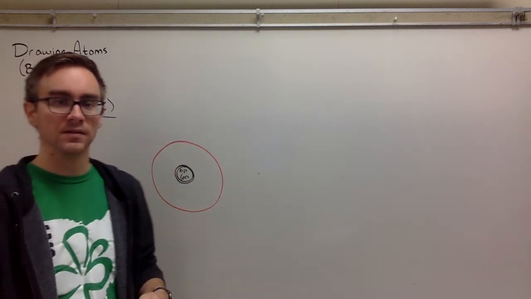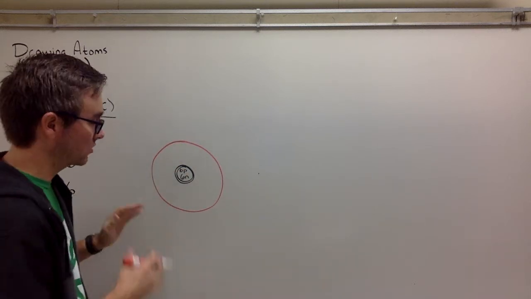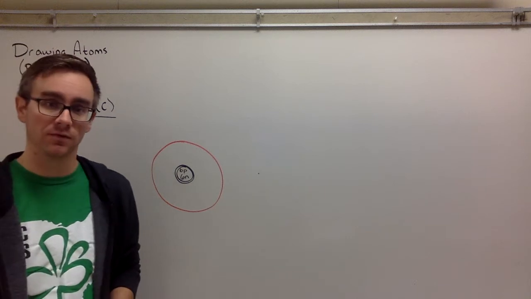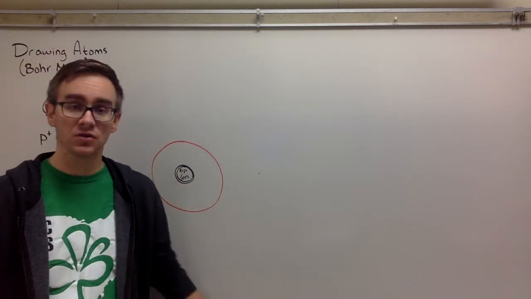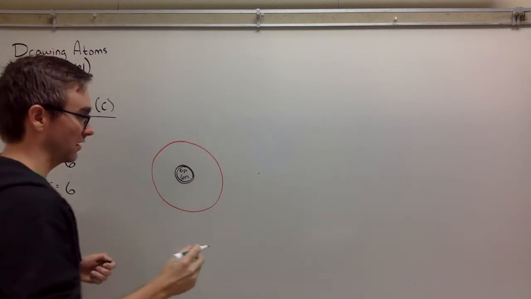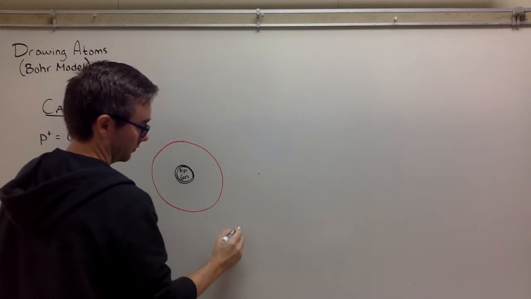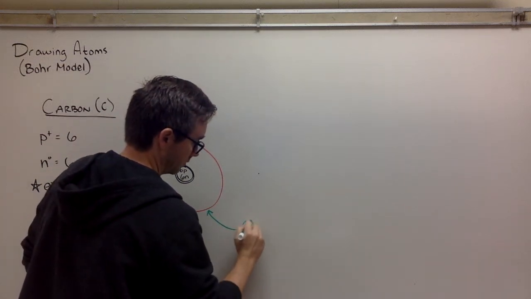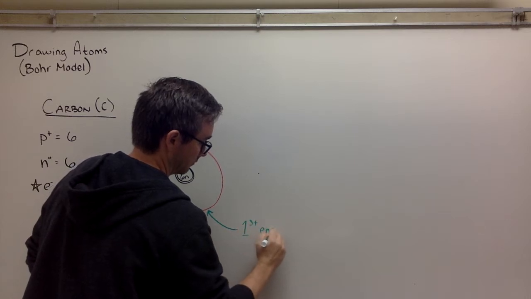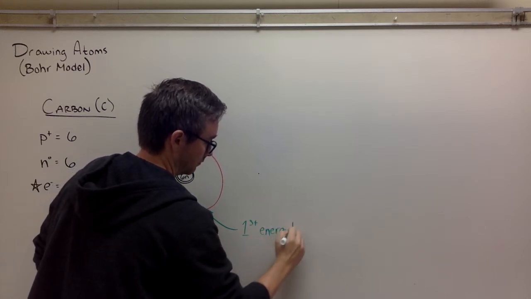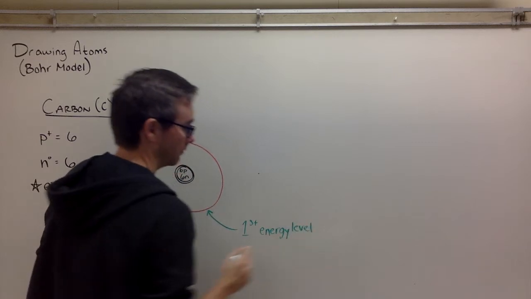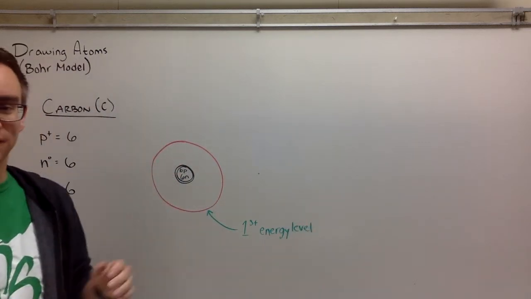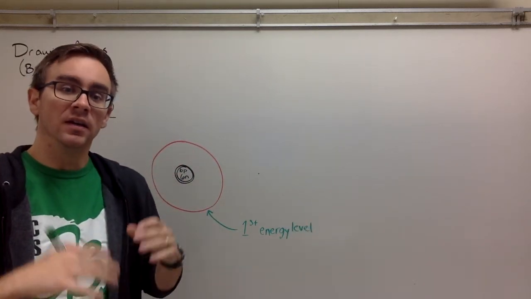We're going to start drawing orbits. Now, these orbits are actually more specifically called energy levels. The one closest to the nucleus is called the first energy level. All right, that's our first energy level there.